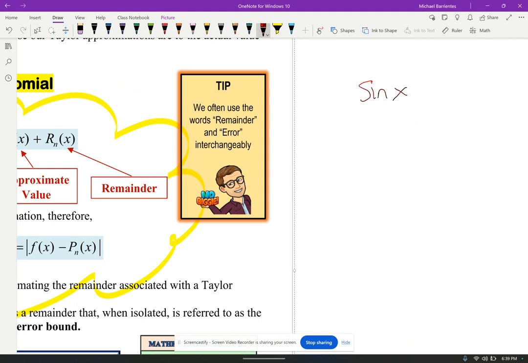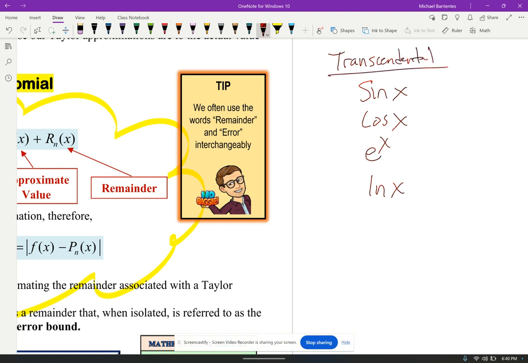Non-algebraic functions would be like sine x, cosine x, e to the x, the natural log of x. These functions are what we call transcendental. Meaning they can't be solved. If I were to have some kind of trig or exponential or natural log equation, I wouldn't be able to solve it with my algebraic methods of addition, subtraction, multiplication, division, right?